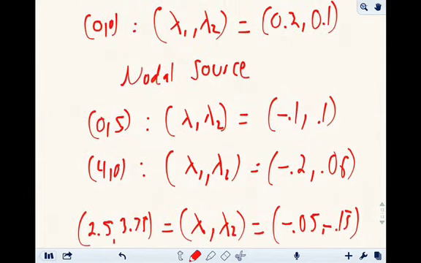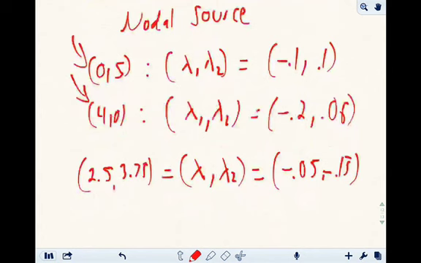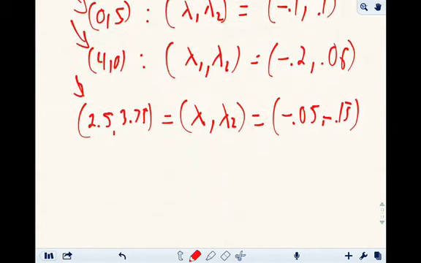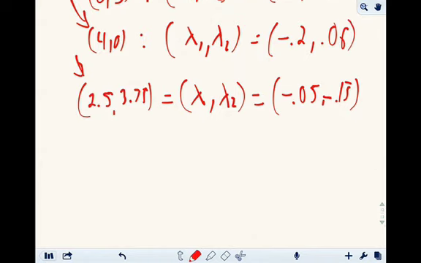So this one here is a saddle point. One is positive, one is negative, both real. This interior critical point here is a nodal sink. Both eigenvalues are real and negative.